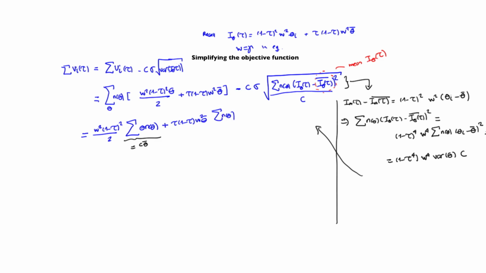But let's think about what that is. That term is just equal to z, the number of consumers. And then we can finally substitute, and we get minus c sigma, sorry, this fourth has to be outside, (1 minus tau) square w square times the standard deviation of theta. Remember, the standard deviation is just the square root of the variance, and it's also a measure of dispersion in the distribution.